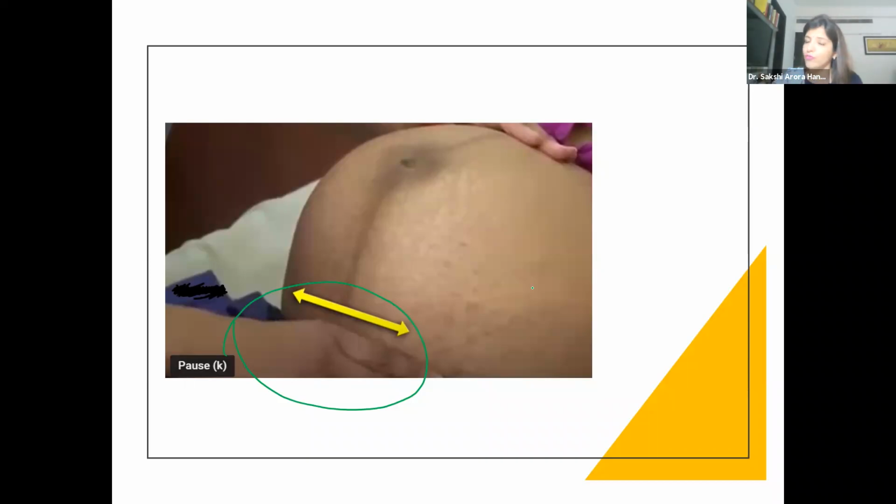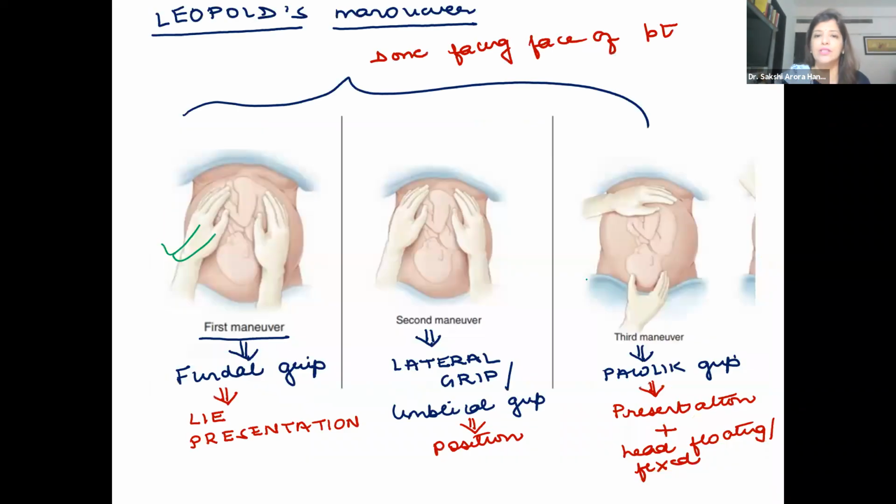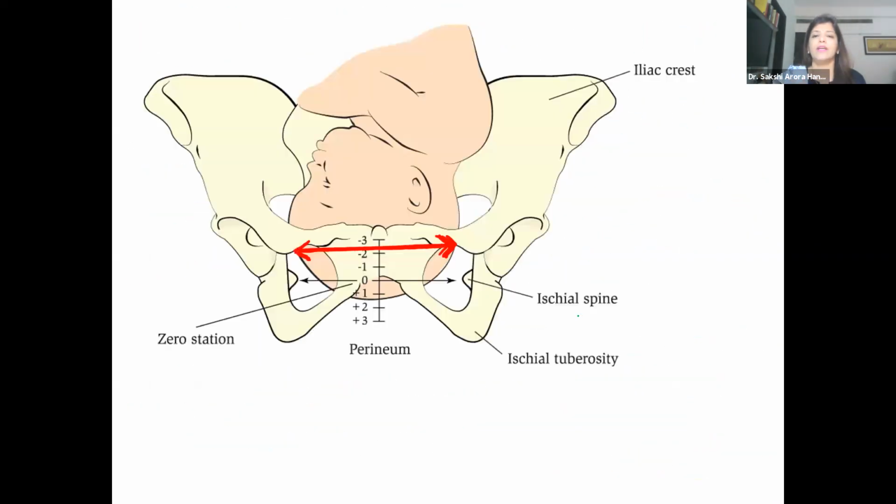There is a lot of difference between the head entering the pelvis and the head being engaged. So first, understand that difference. Look over here in this image. The red arrow is showing that the moment the head crosses this red arrow, that means the head has entered the pelvis.